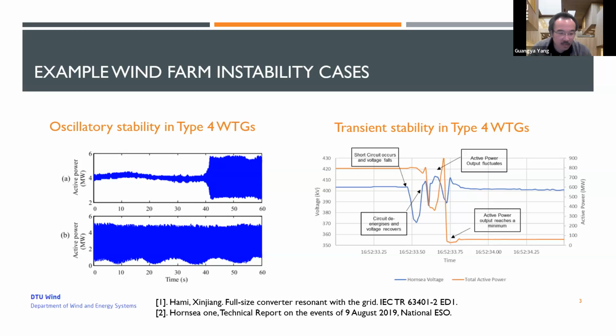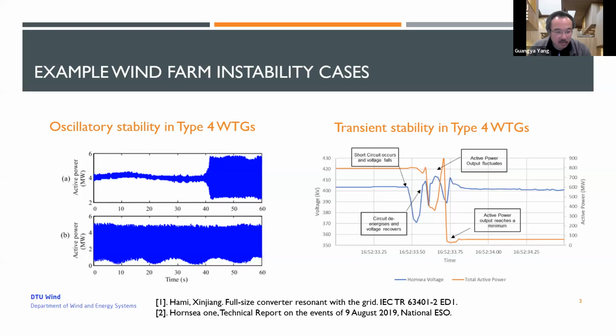One is from Hami wind farm in Xinjiang, China, where they observed oscillatory instability of this wind farm at a subsynchronous level, where this oscillation also triggered torsional oscillation with a nearby thermal power plant. This is caused by control interaction or resonance with the mechanical torsional oscillation.